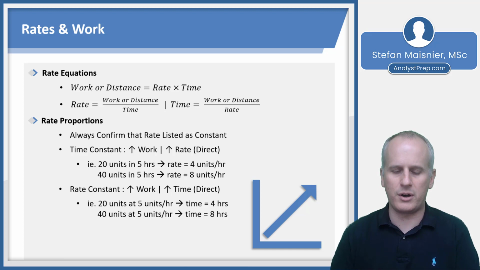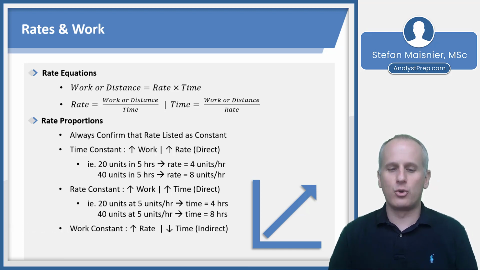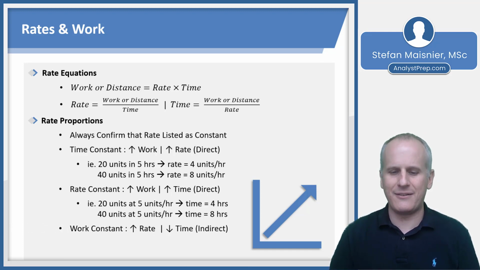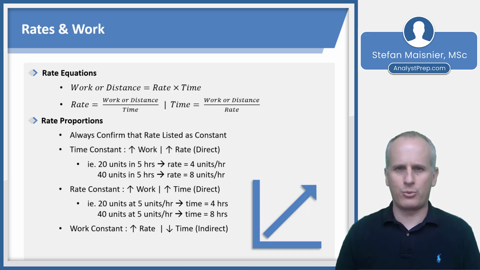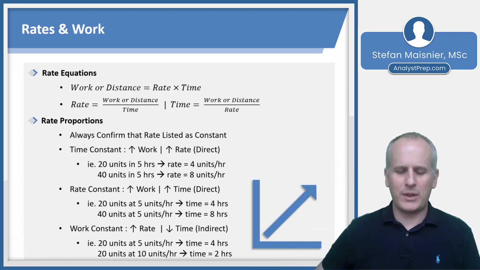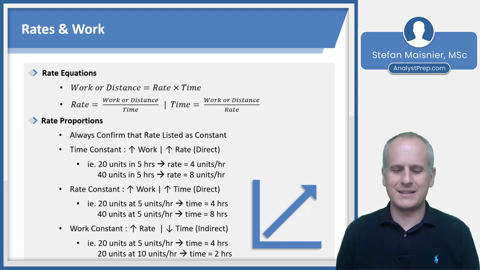Now, if your work remains constant, you have an indirect or inverse relationship between your rate and your time. So when one goes up, the other must go down. Here, if we have 20 units of work completed at 5 units per hour, the time is going to be 4 hours.